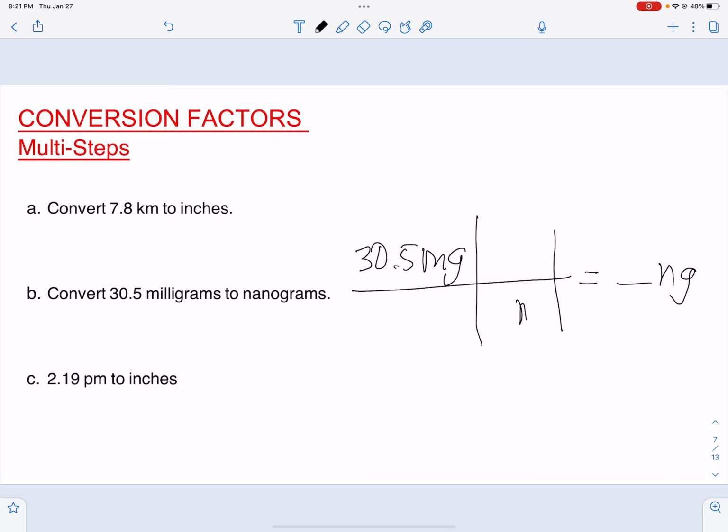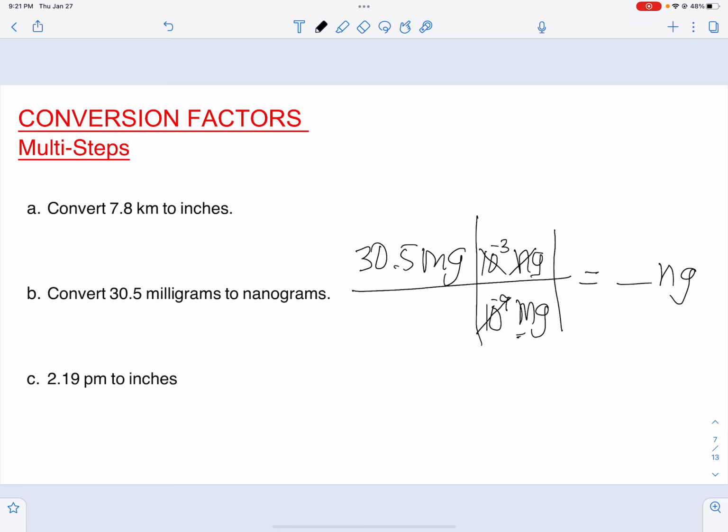I do not want the milligrams because I want the nanograms. I'm going to get rid of the milligrams by putting the value of nanogram there. So nano means 10 to the minus 9. And milli means 10 to the minus 3.